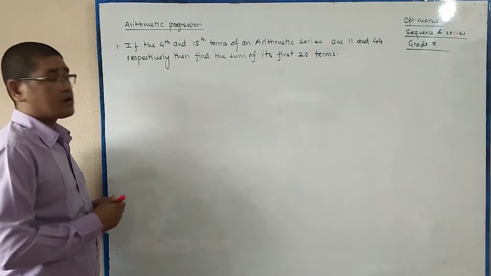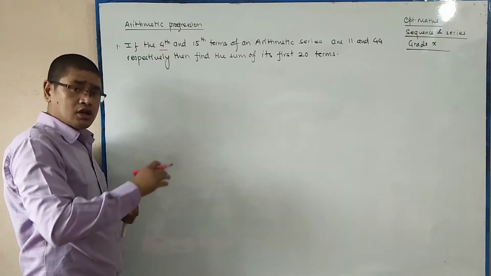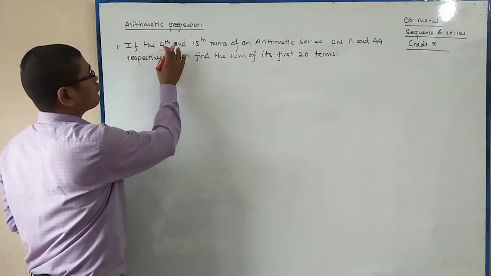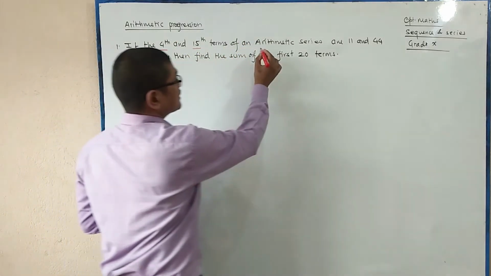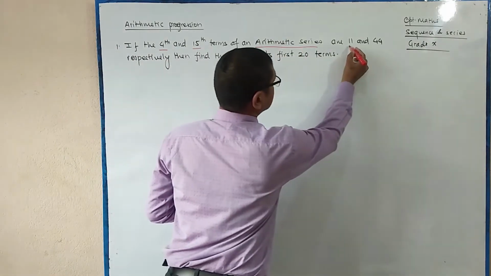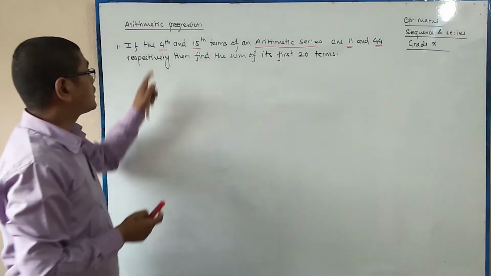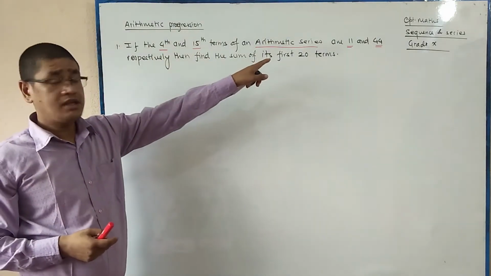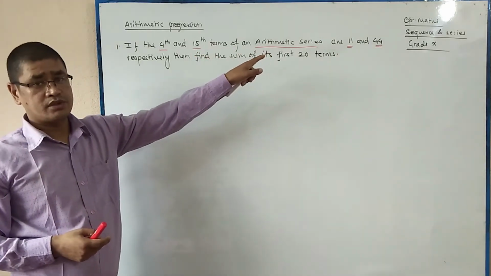Now don't be confused about terms and means. If the fourth and 15th terms of an arithmetic series are 11 and 44, that means the fourth term T4 equals 11 and T15 equals 44.